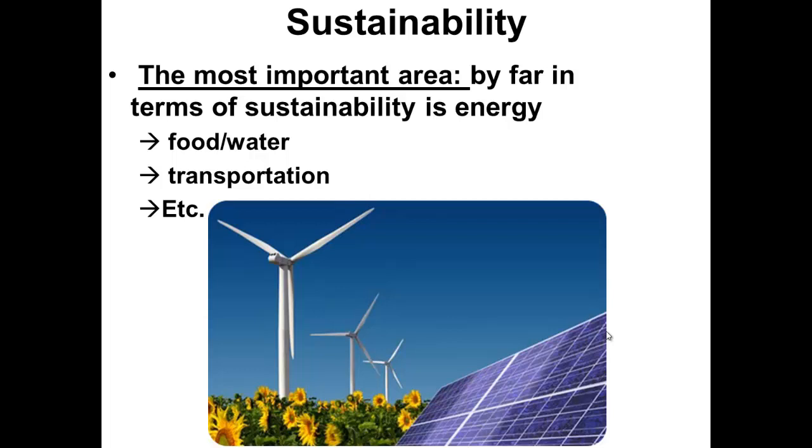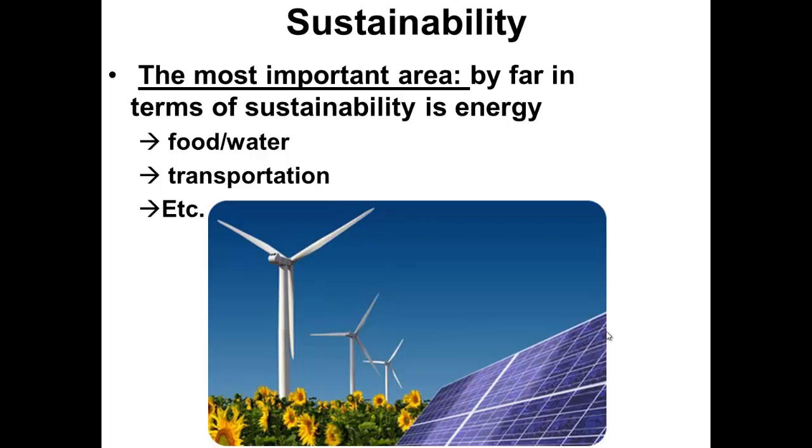Think about how we purify water, how we get water from Northern California to Southern California, how we grow our food, how we drive to work, how we drive our food places. All of these things require energy. Without energy, our societies would fail and collapse.